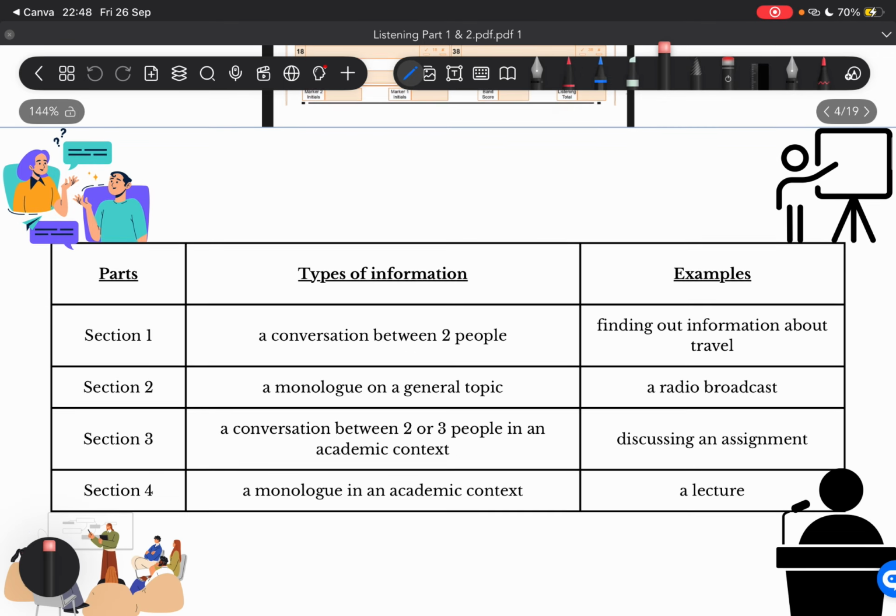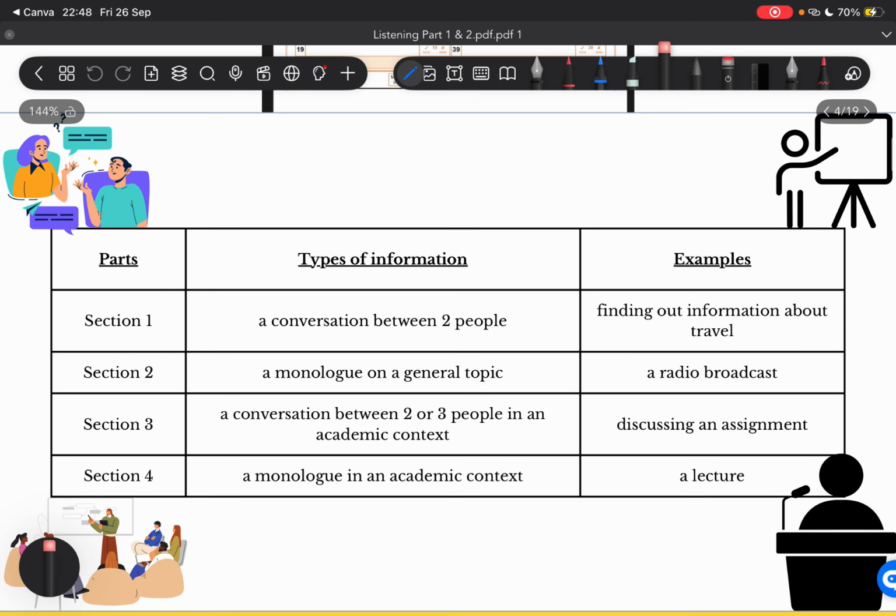Let's talk about the content. What you're going to do in listening. Overall there are 4 sections and each of them has 10 questions. In section 1 you will hear 2 people having a conversation on a daily topic, which is going to be very easy for you to understand.